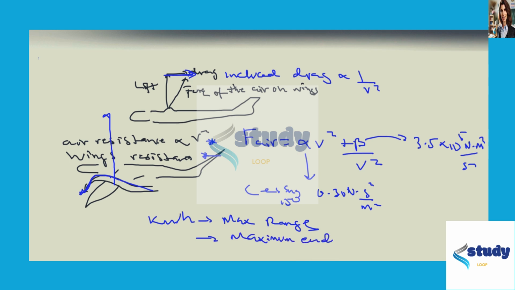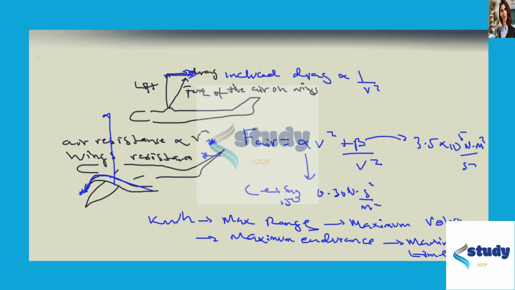Another way of thinking about the maximum range of the plane is to imagine the maximum velocity. So maximum velocity will mean maximum range, and then maximum endurance will mean maximum time. So those are the two things happening in this problem.